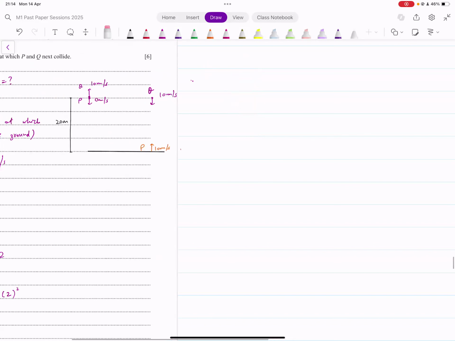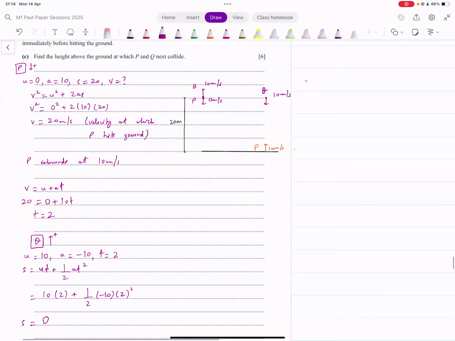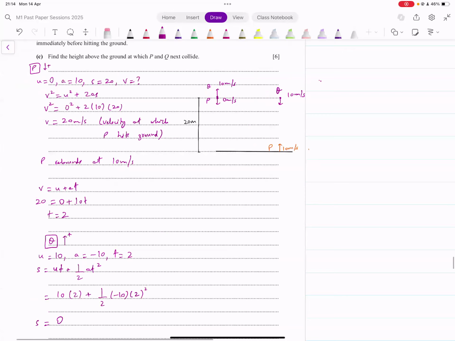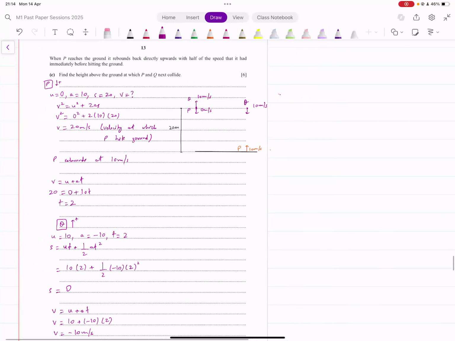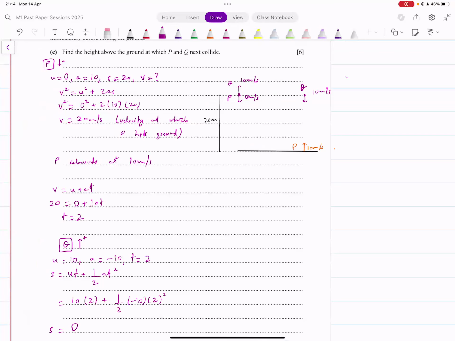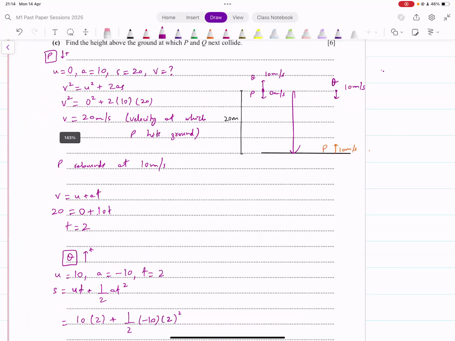But here, we are considering a collision happening. P is hitting the ground. We cannot consider one single equation for the whole journey now because there's a collision that's happening in the middle. P was going downwards earlier.